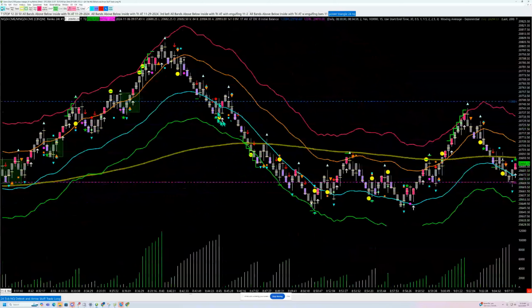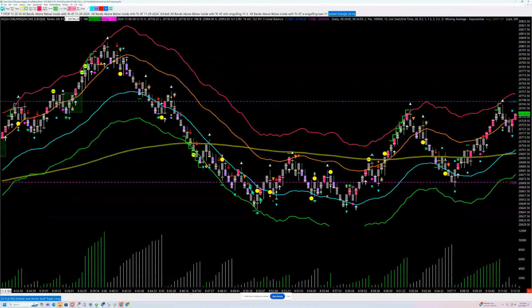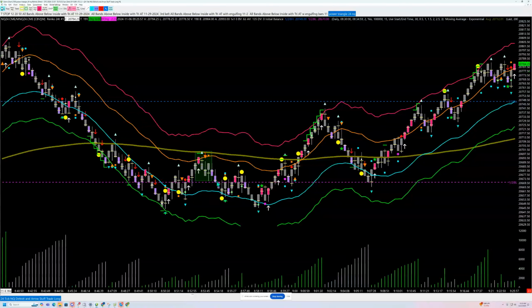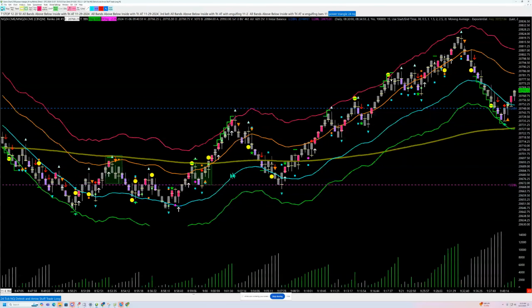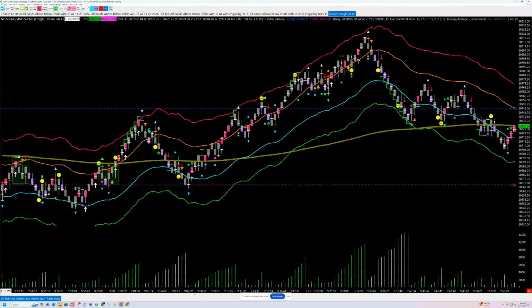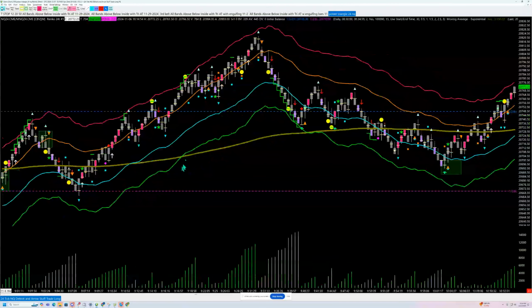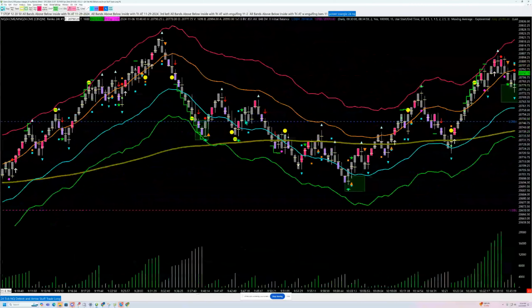All 4 channels are above, I'm not looking to short. Now I can trade both sides here, right? So orange by itself pays. I don't know that I would have taken that. I would not have taken this for sure. I probably did not take this. So I'm just sitting here at this point. All channels are above. Orange paid.